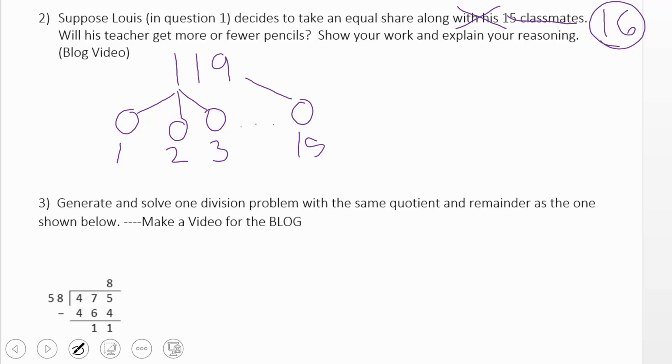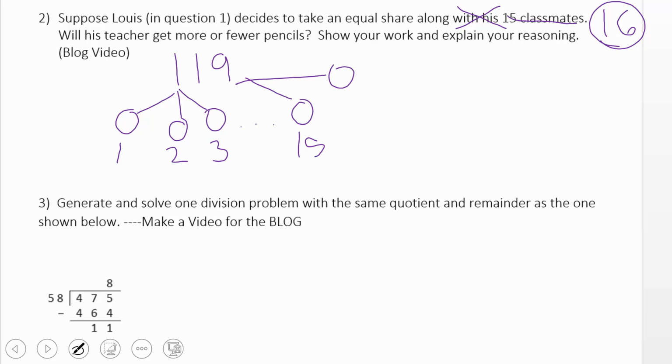Anything that was left over was going to my teacher. But now part of those leftovers have to be made into another equal group and given to a teammate, Lewis. So I could say, well, Mrs. Kapnick, you're sharing with more people, so the teacher is going to get fewer pencils.